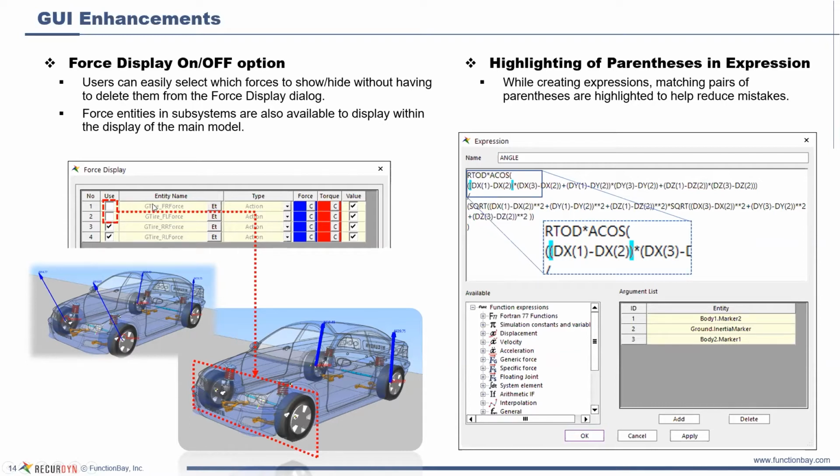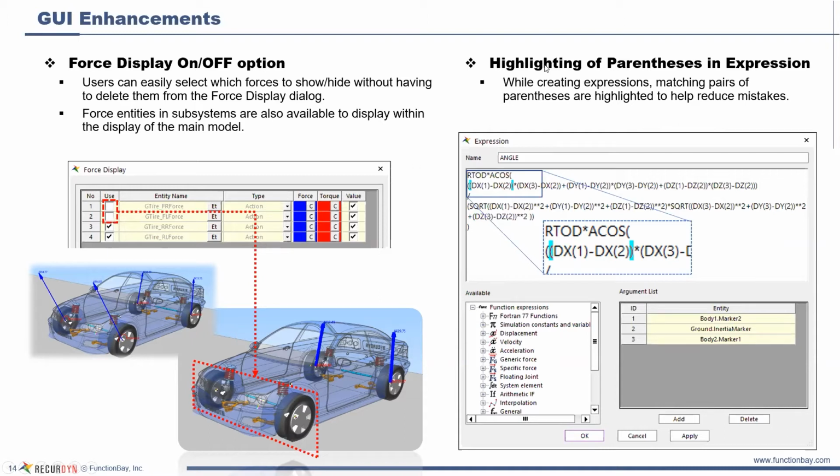Before, you had to delete the force from the list, and then if you had to add it back in, that was a little bit more of a process to go back and find the marker. So this just makes it a lot easier to switch the force displays on and off.